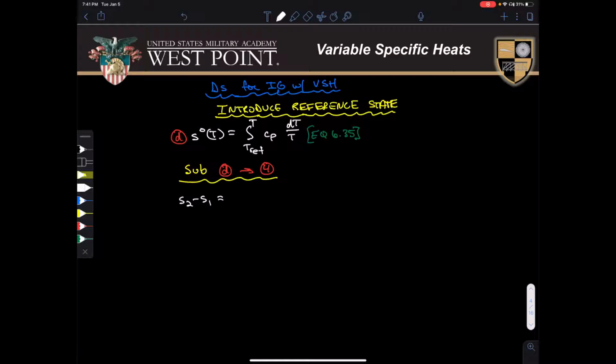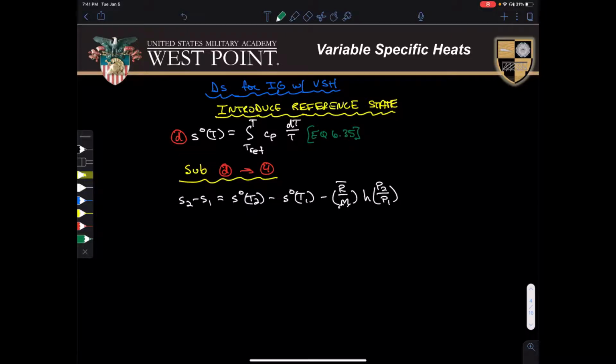So that is now equal to our s° at temperature T2 minus our s° at temperature T1 minus our universal gas constant divided by our molecular weight times our natural log of pressure 2 divided by pressure 1.